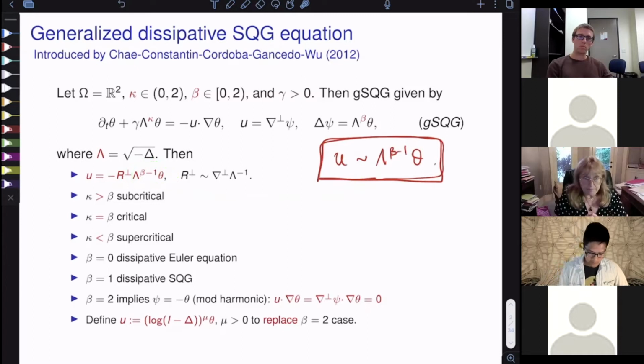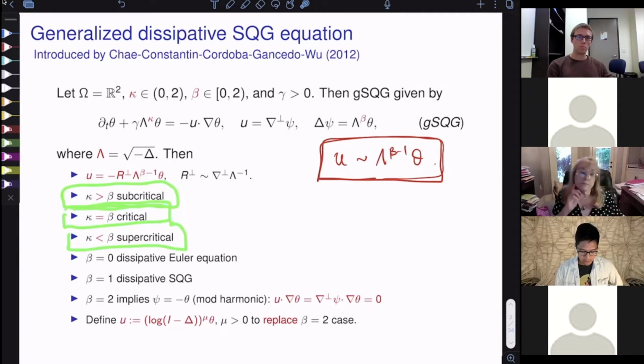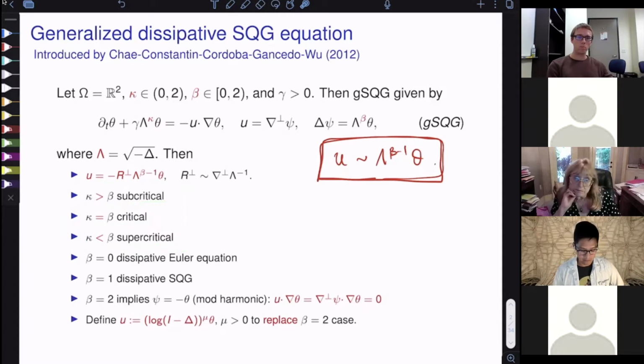And I want to make a common distinction that was made as far back as for the dissipative SQG equations. The three cases I want to distinguish between are the subcritical case, critical case, and the supercritical case. The subcritical case will correspond to the regime where the dissipation kappa exceeds that of beta.